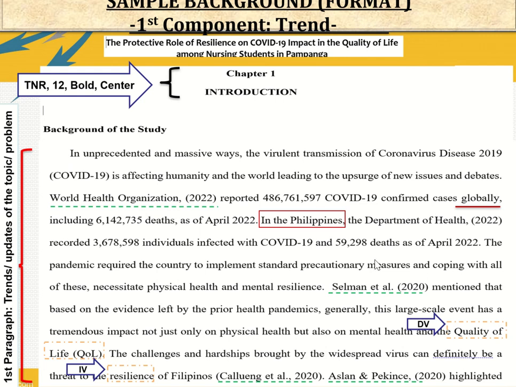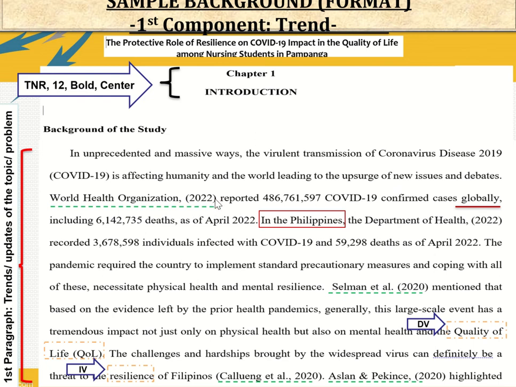So let us read, no? So just very quickly, in unprecedented and massive ways, the virulent transmission of coronavirus disease 2019 is affecting humanity and the world, leading to the upsurge of new issues and debates. And then we have now here the statistical data or reports that I'm referring a while back.